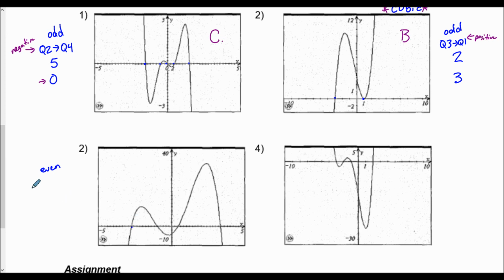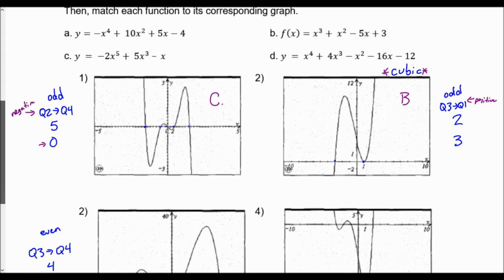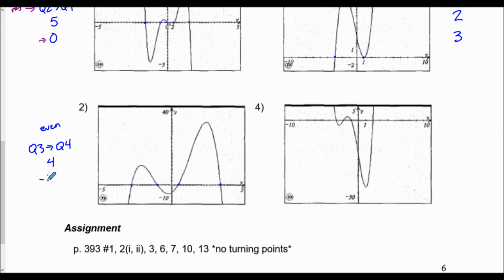Its end behavior, so starting down in quadrant 3 and it's ending in quadrant 4, it has 1, 2, 3, 4 x-intercepts. Our y-intercept, hard to read, it would actually be -4. The only one that would actually match with that, and the only reason I know this, first off, because it's ending down, it would have to be a negative.